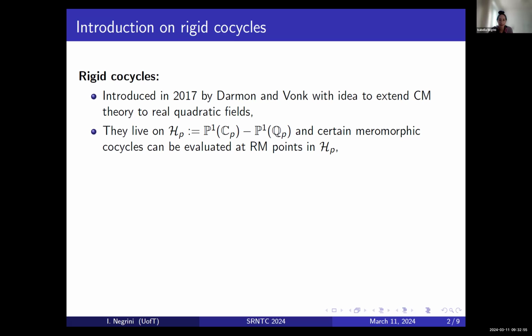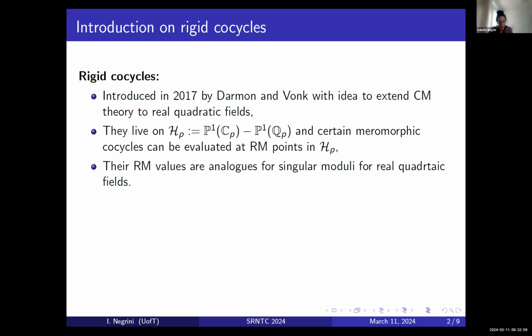And then they computed these values, and they conjectured that these values belong to narrow ring class fields of real quadratic fields. And so this is why they are said to be real quadratic analogs of singular moduli, because singular moduli are the values of the J function at complex multiplication points on the usual upper half plane.